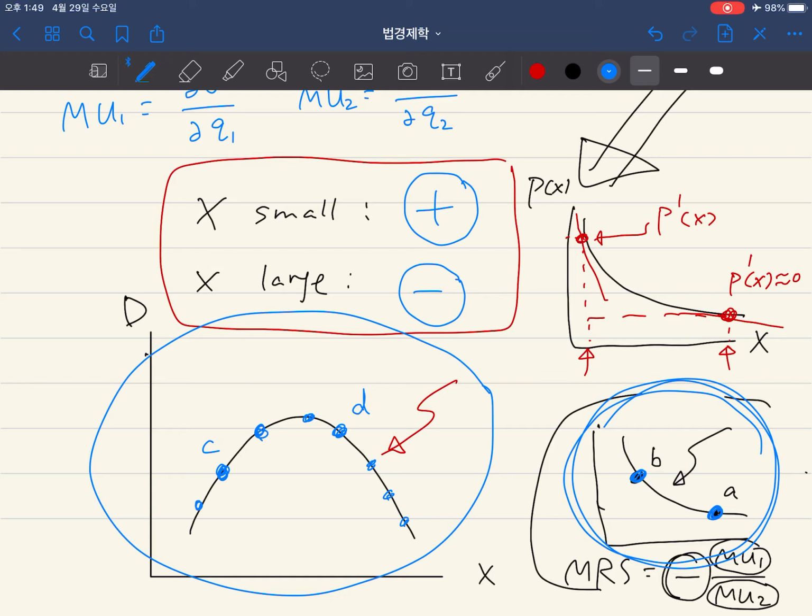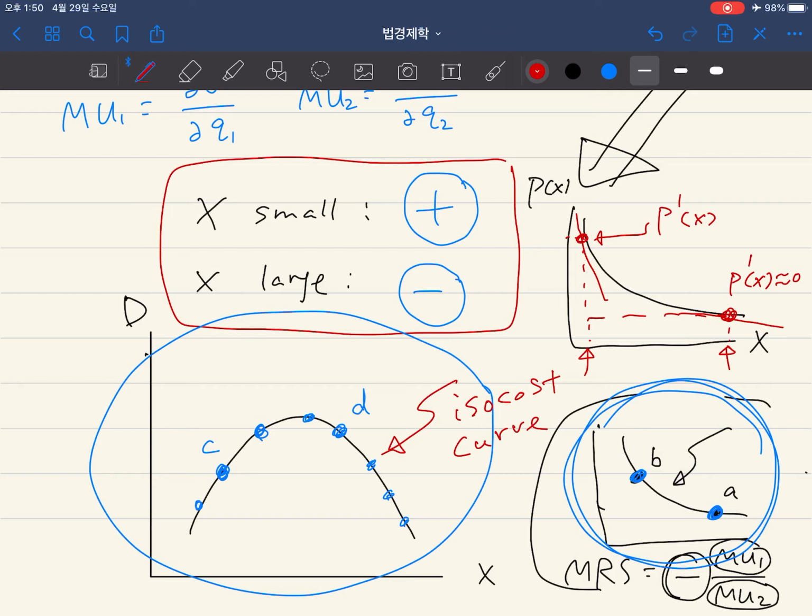So cost is the same on this curve, and we can give this the name iso-cost curve. We call this curve an iso-cost curve. An iso-cost curve means this curve represents the same cost.